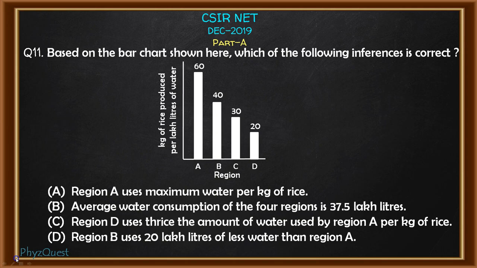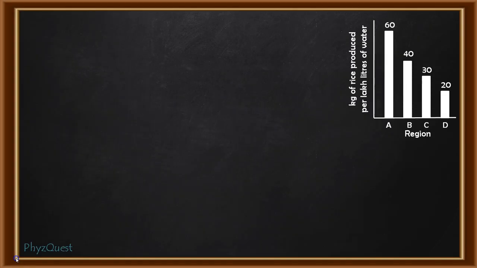So here we will discuss each of the inferences individually and decide which of them is correct. So this is the plot. Here, as you can see, 4 regions are there. Region A, B, C and D. And this shows the rice production in kg per lakh liter of water used.